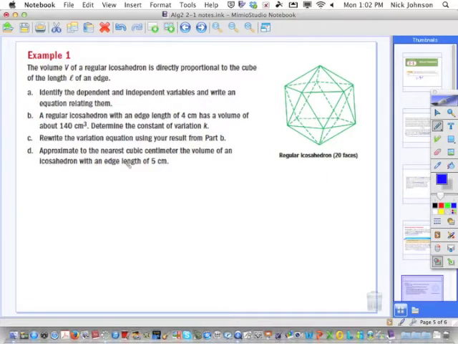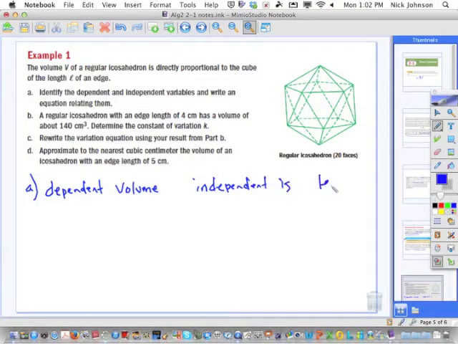Well, the dependent variable is our volume, because volume is dependent on the length of the edge. So the independent variable is the length.